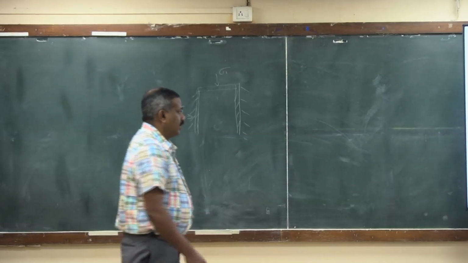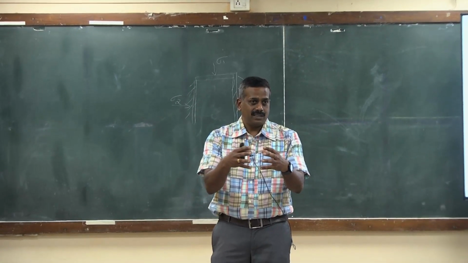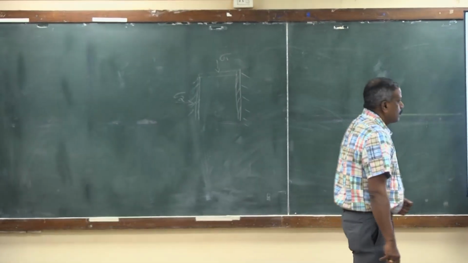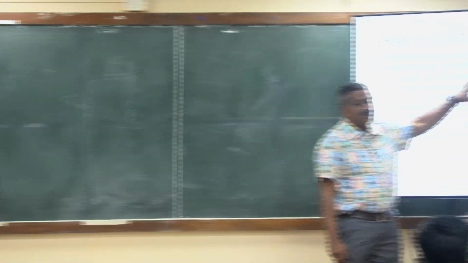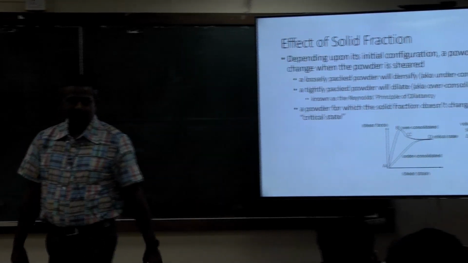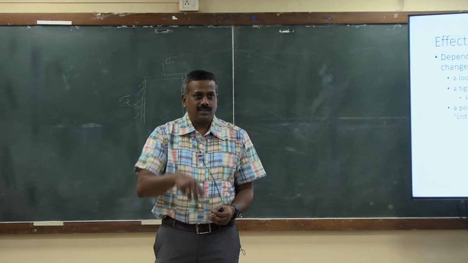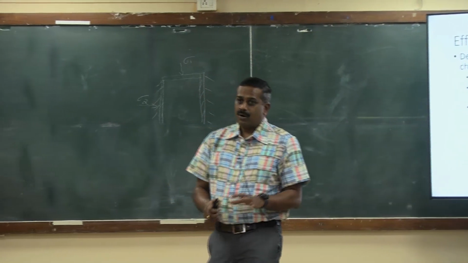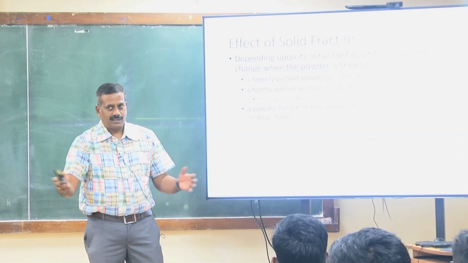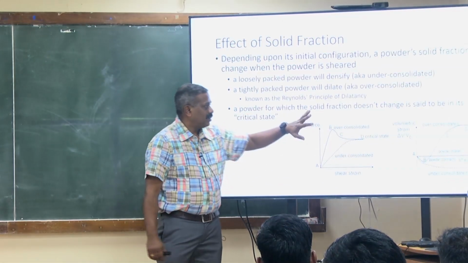Most times, if it is a loosely packed powder and you just put the sample in the shear cell and start shear testing, the powder might compact, and that might lead to wrong results. I will talk about initial stresses in a minute.